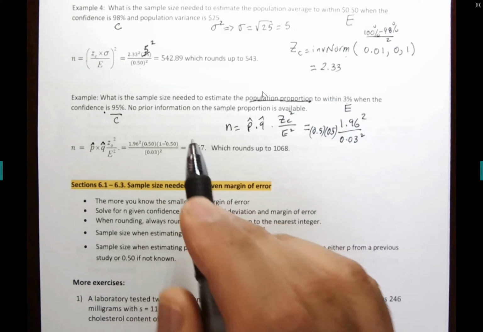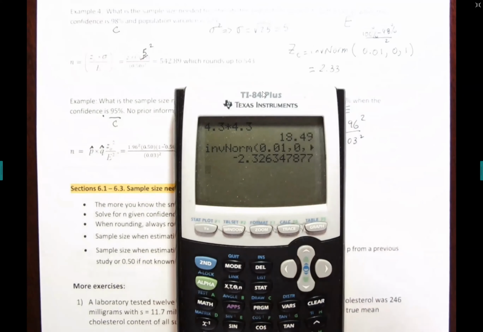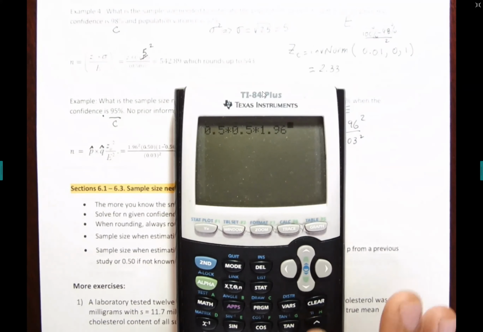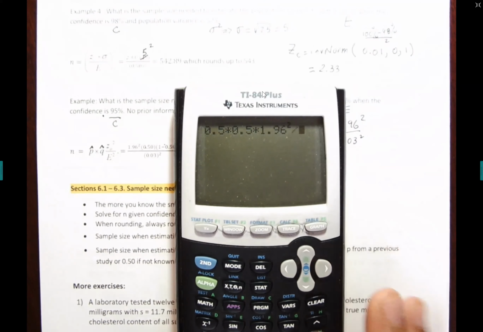1,067 point something. So we rounded up. Let me see. What was the answer? 0.5 times 0.5 times 1.96 squared divided by 0.03 squared.